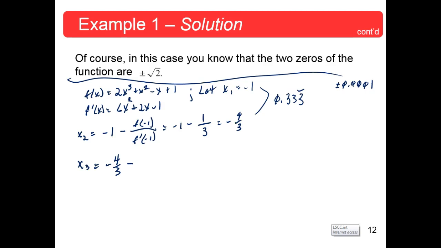Anyone got it yet? It's negative 2 times 4/3 cubed plus 4/3 squared plus 4/3 plus 1. It's going to be a positive, no, not necessarily. What will it be? Anyone got it?